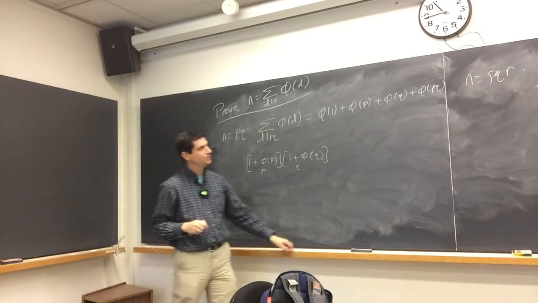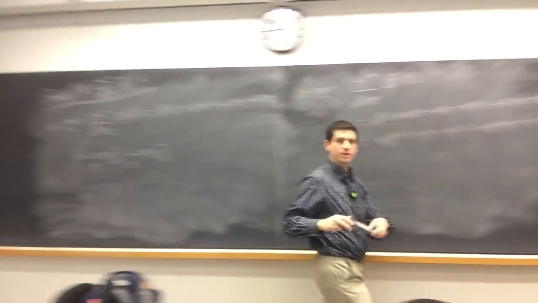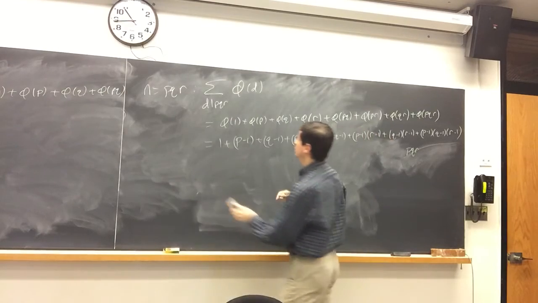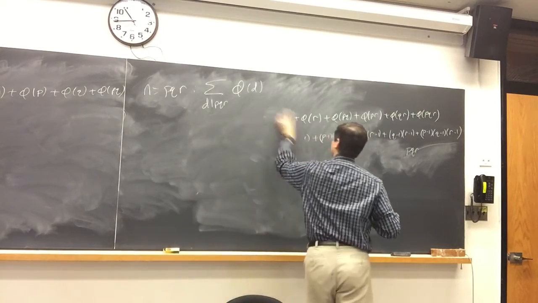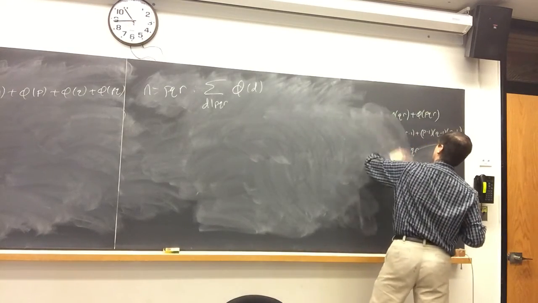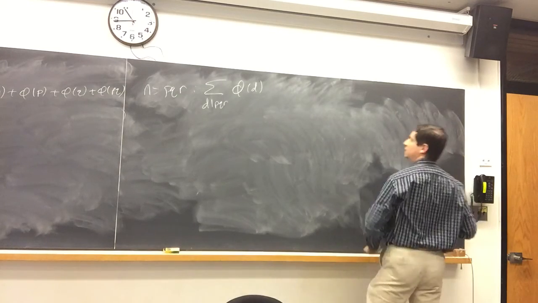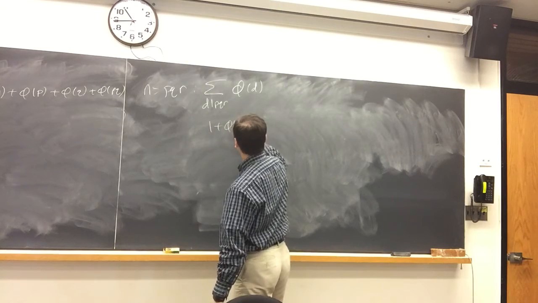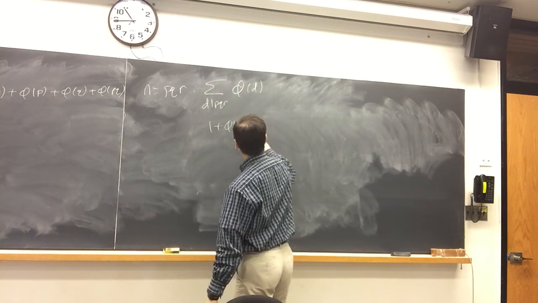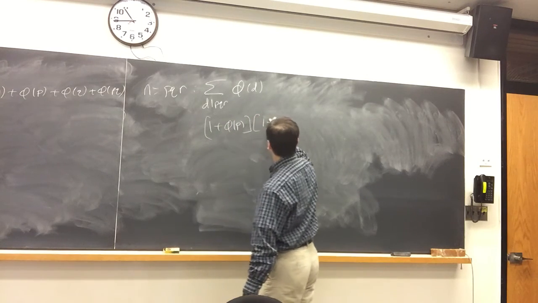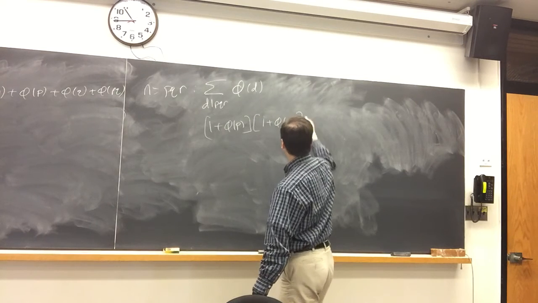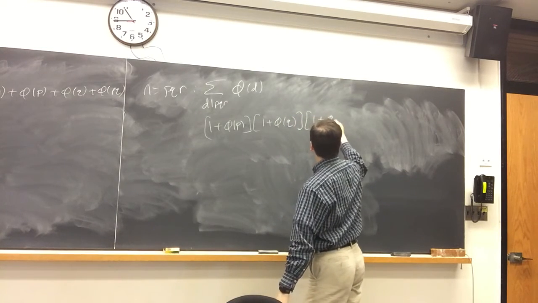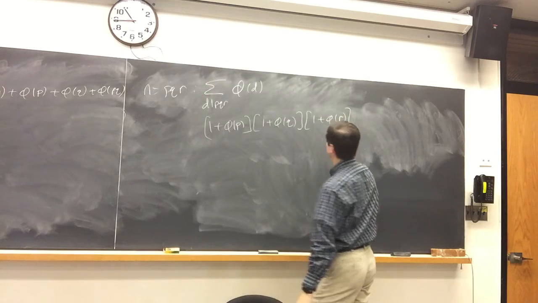If we had three things, if we had p, q, r, which is what we're doing over here, what we can view this as is the same as 1 plus phi of p, 1 plus phi of q, 1 plus phi of r.